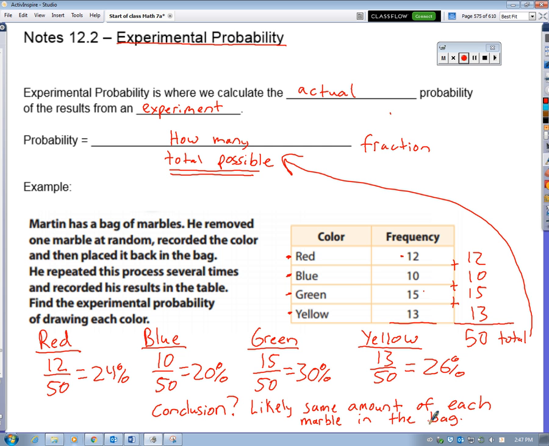There might be a little more of one marble, a little less of another, but based on these experiment results and the probability we got, that's one thing we could say, because all these numbers were about the same. So that's how you calculate experimental probability, and then you can look at those numbers and come up with some sort of conclusion based on the numbers that you got.